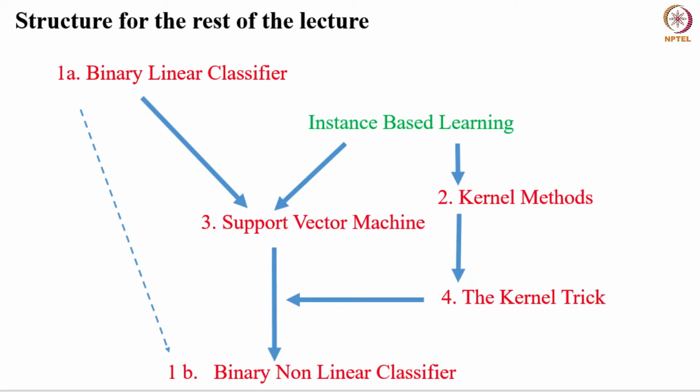The trick is to map the instance space onto another space, so that in the new space we create, it's possible to handle it with linear methods. The technology for doing that is termed kernel methods. So that's the logic of the rest of the lecture.